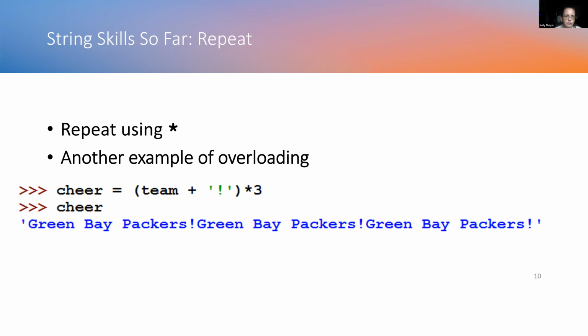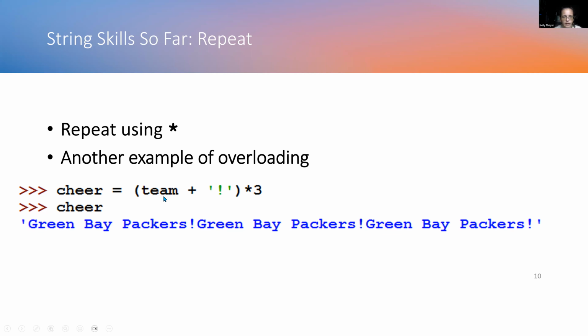We also have similarly the repeat. So again, the star is for multiplication in math, and so it's overloaded by the object-oriented programming style because this particular one also has code associated with the star operator. And so the star operator is going to make whatever string you provide to it repeat that many times.